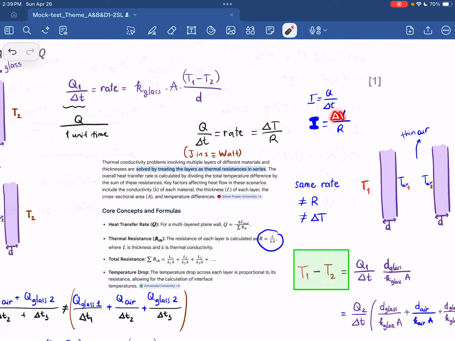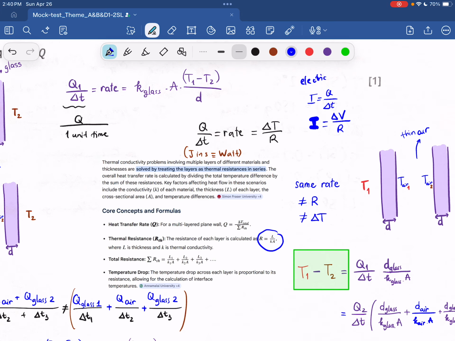This is just like the drop in voltage. Then this one is like the resistance, but this one will be the thermal resistance. Make sense, right? This one is similar to this one in electricity. So I will just put it here. This is related to the electrical circuit, but this concept will be helpful for us to apply in this case.